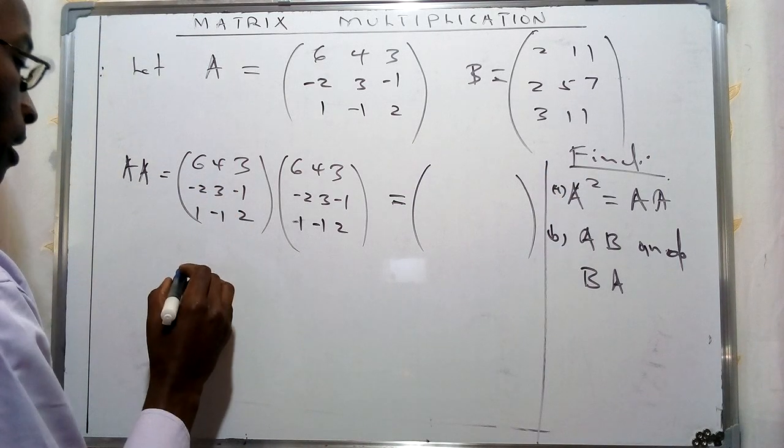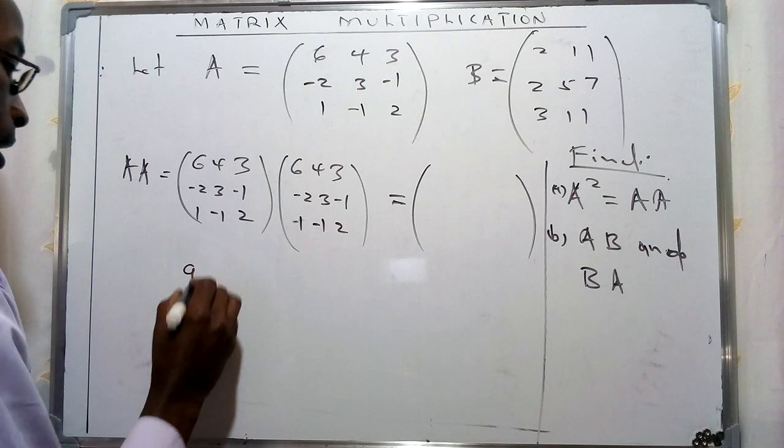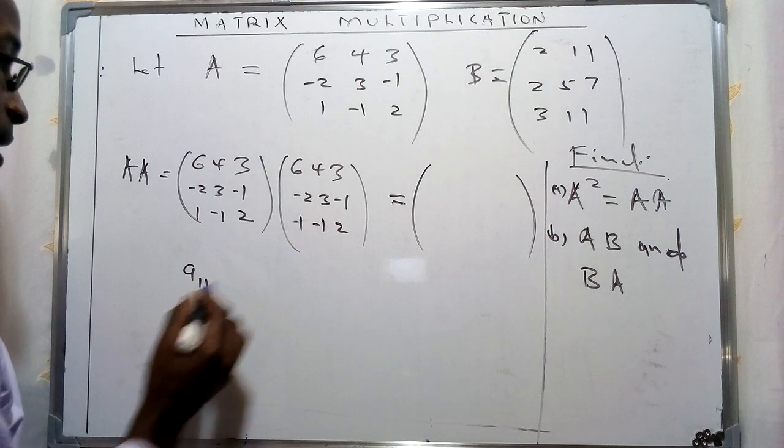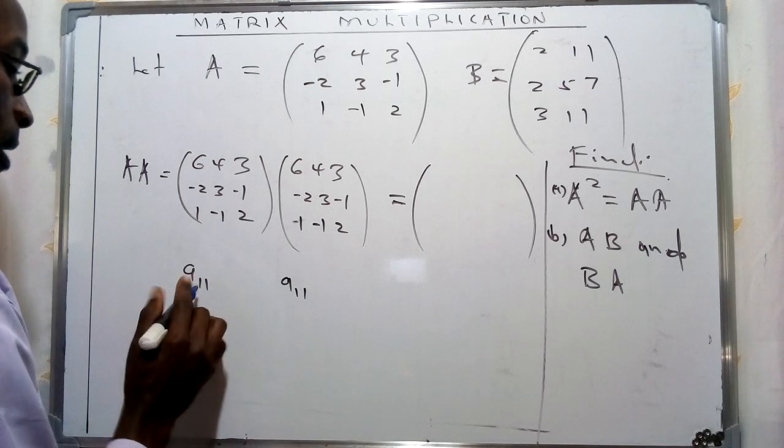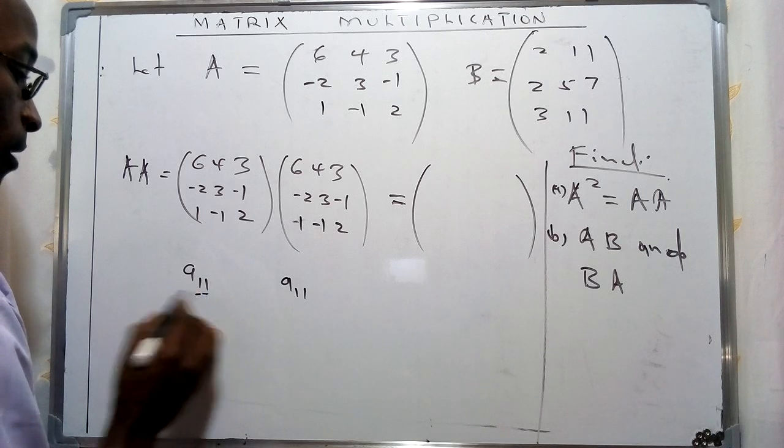So we're going to have this specific element A11. If we're going to have the product of the two, we take the multiplication of the first row with the first column.